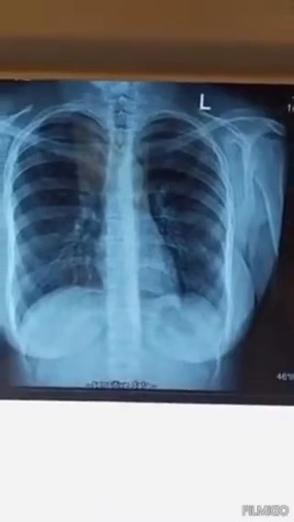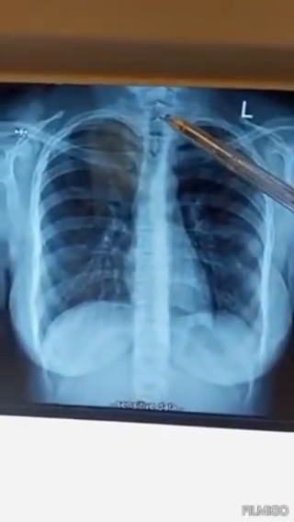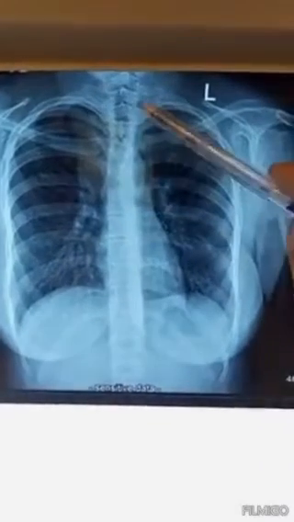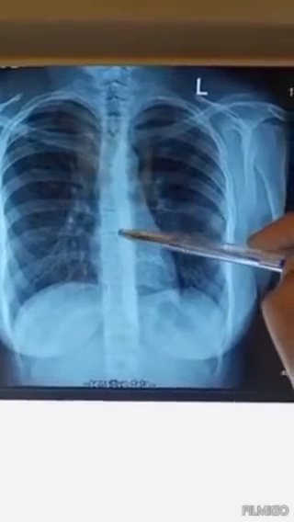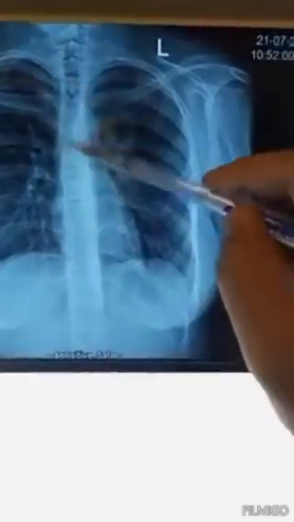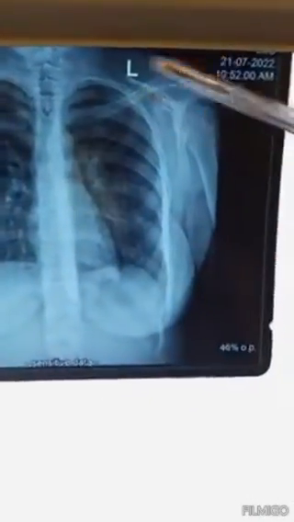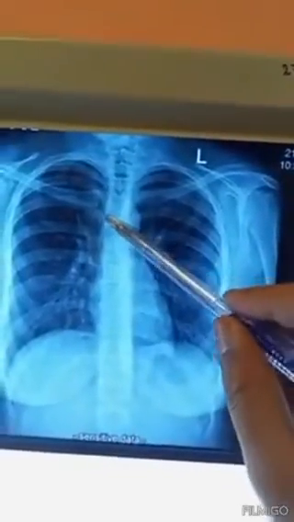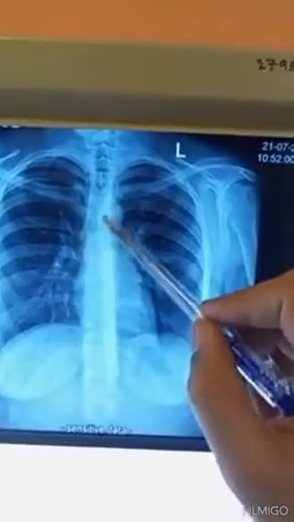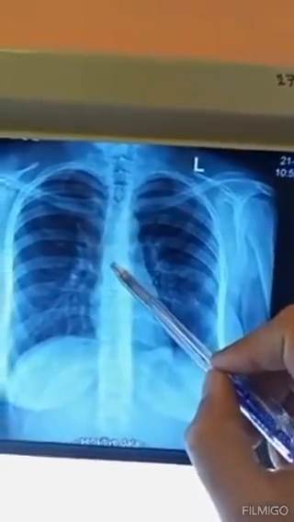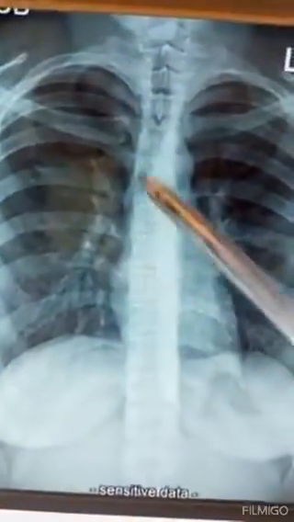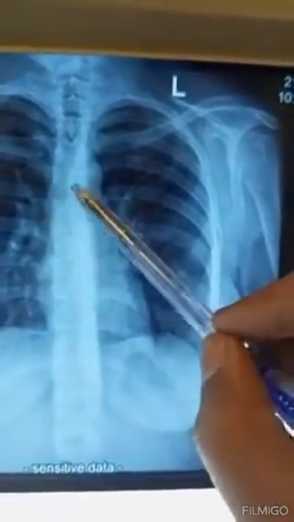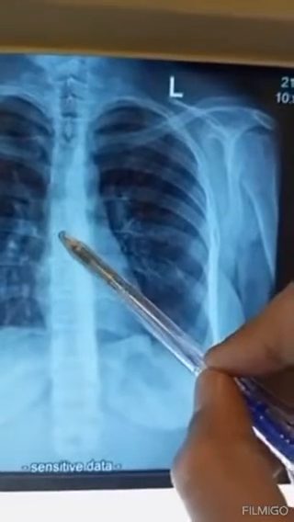So now comment on the organs. How to comment on the organs? Look at this trachea, this small air, you can see clearly this air coming; this is the trachea, right? So comment on the trachea, the bronchi and bronchioles, and the carina. You people can't see it, but as a radiologist you can better see that there is a division at this point. This division is the carina, right?